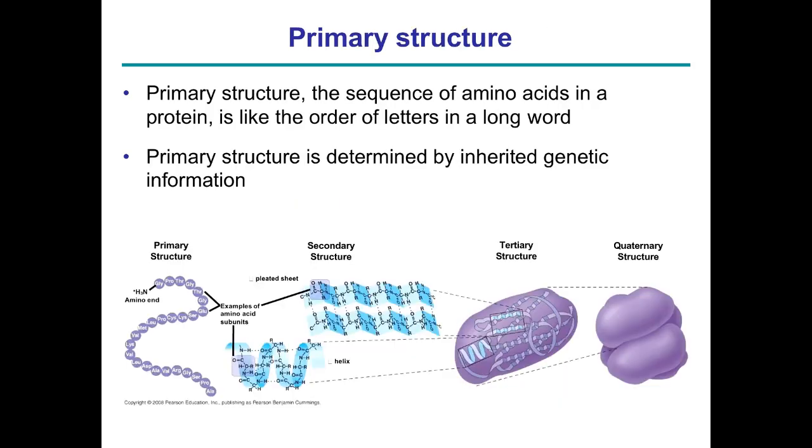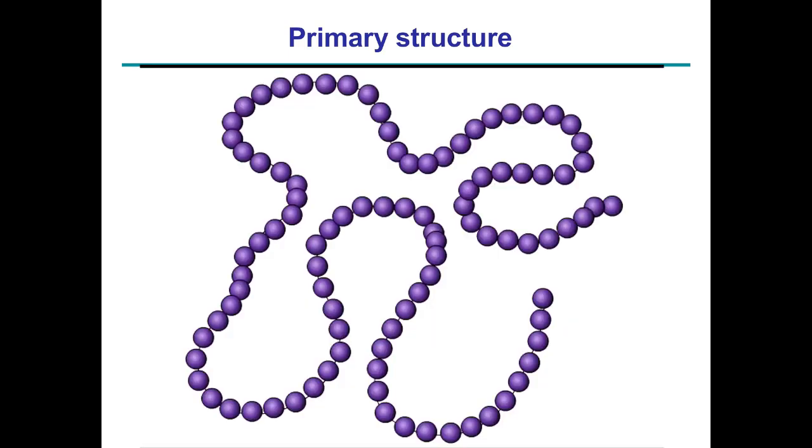Now, proteins go through many different structures that are identified: the primary structure, the secondary structure, the tertiary, and the quaternary structure. The primary structure is primarily identified by its genetic sequence of the amino acids, which gives rise to the primary shape.